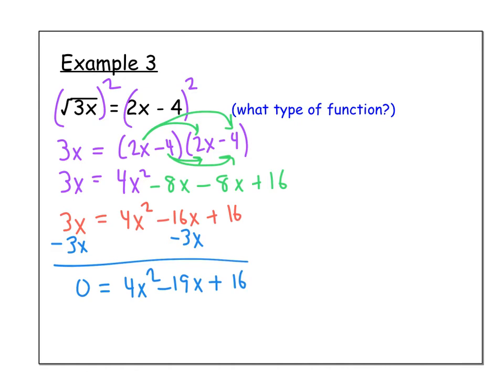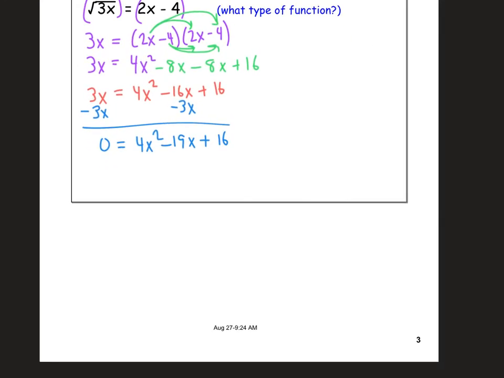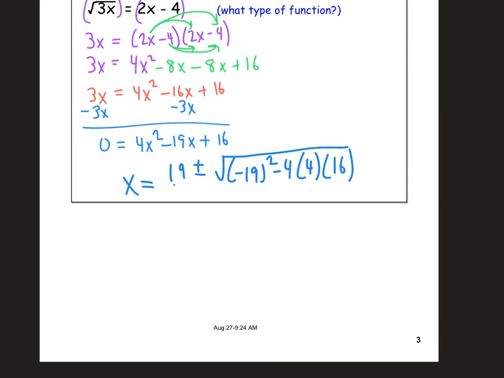So I'm thinking probably the quadratic formula, so let's pull that out. We know x equals the opposite of the b value, plus or minus the square root of b squared minus 4 times a times c. We are expecting you to remember all this stuff.